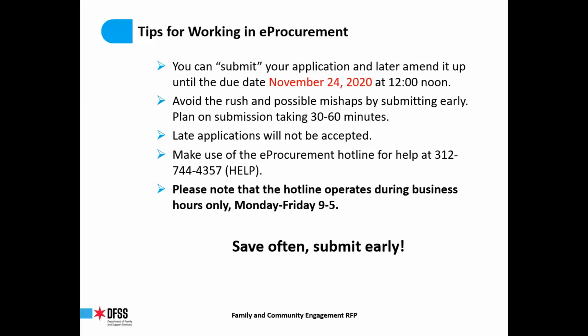If you have problems physically, like e-procurement hates me, or I don't understand what it's doing, or I can't find this, please call me or call the e-procurement hotline, which is 312-744-4357. Or you can email us, and the email addresses are in other screens. We'll get to those, but you can email us and I will get back to you within 24 hours. The e-procurement hotline people will probably get back to you within 24 to 48 hours.